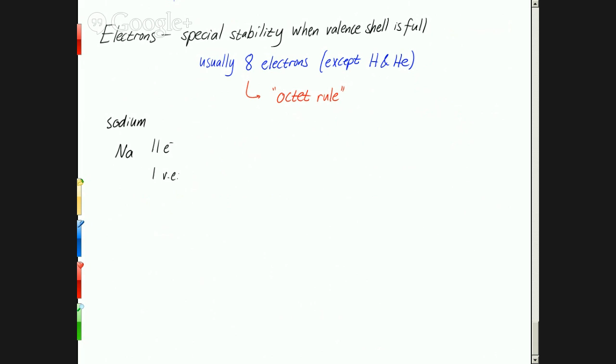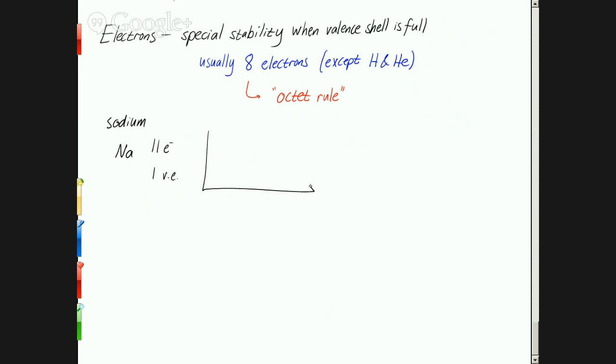So if you had to guess, when sodium becomes an ion, a charged particle, when it loses or gains electrons, what's likely to happen? Yeah, it's going to lose this valence electron. Why? Because there's just one there.